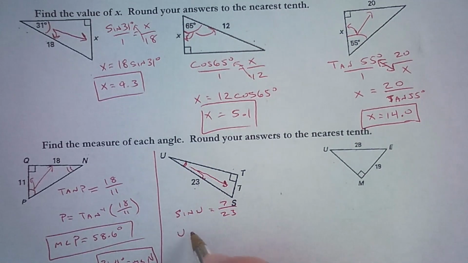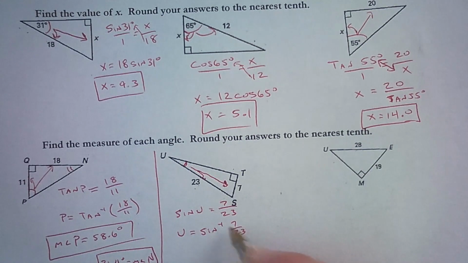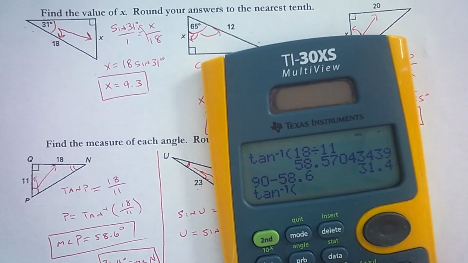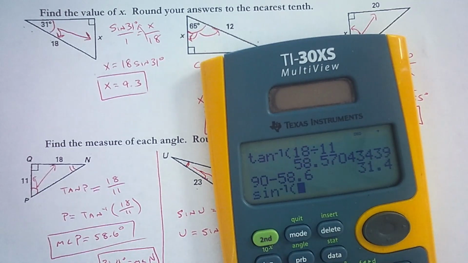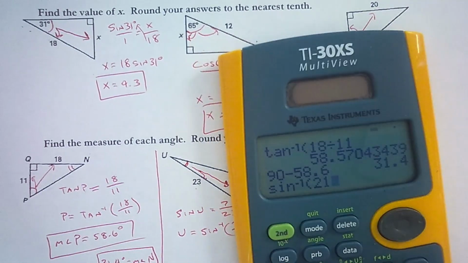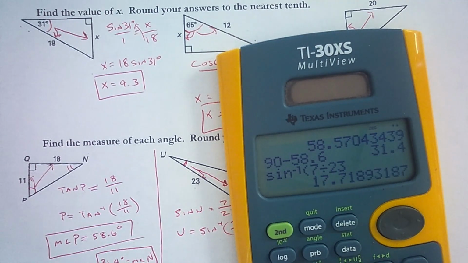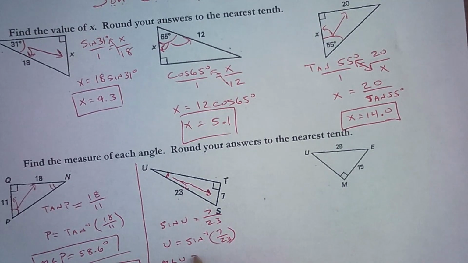So U is inverse sine. Sine inverse 7 over 23. So second sine 7 divided by 23. So the measure of angle U is 17.7 degrees.